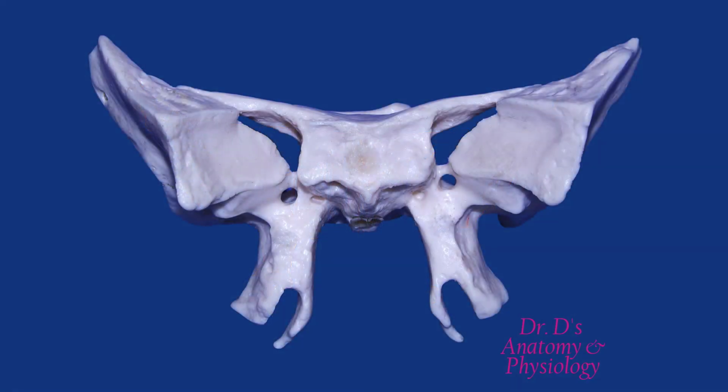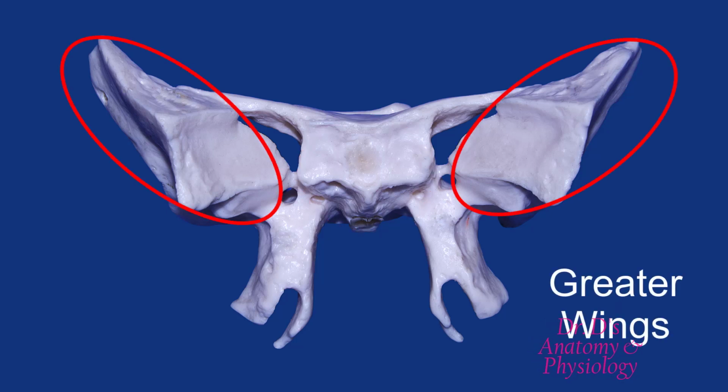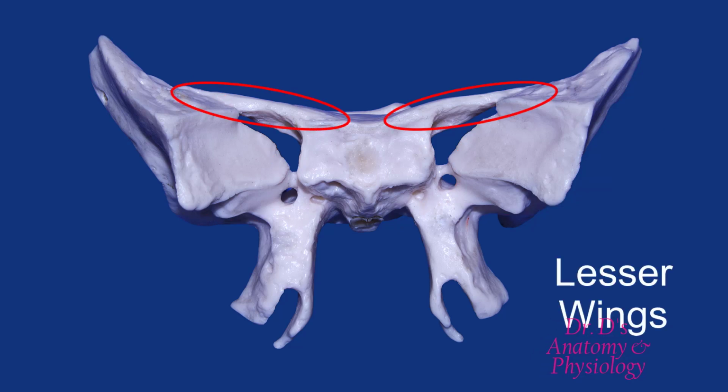Since repetition is always a good idea when you're studying anatomy, let's take another look at the same parts using this plastic sphenoid bone. Now we can see the body unobstructed by the ethmoid bone. And here we have the greater wings. And here are the lesser wings.